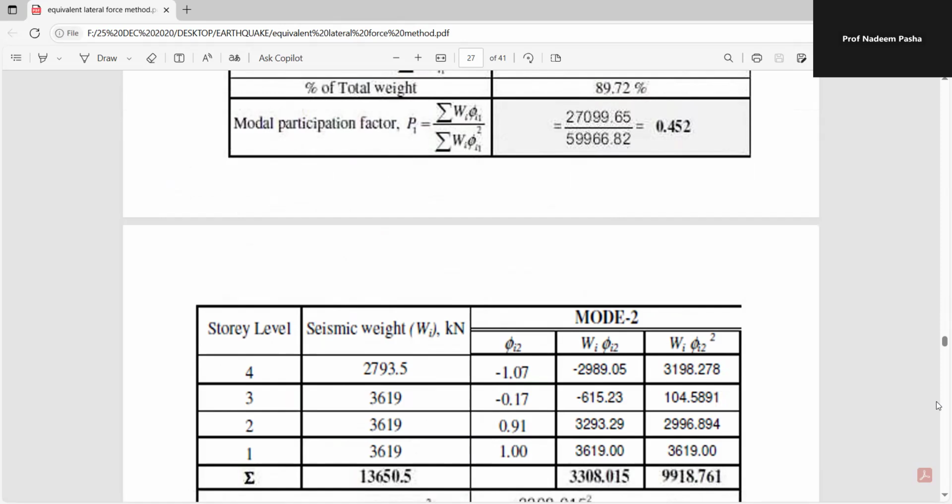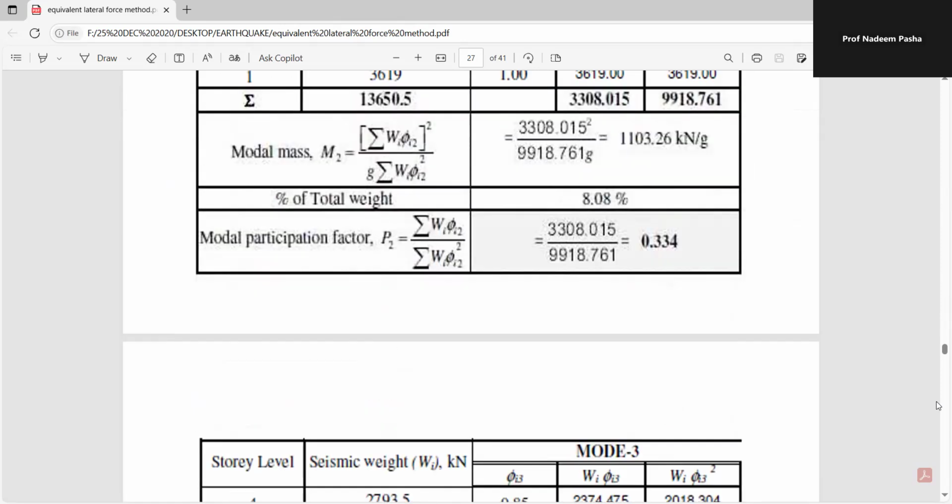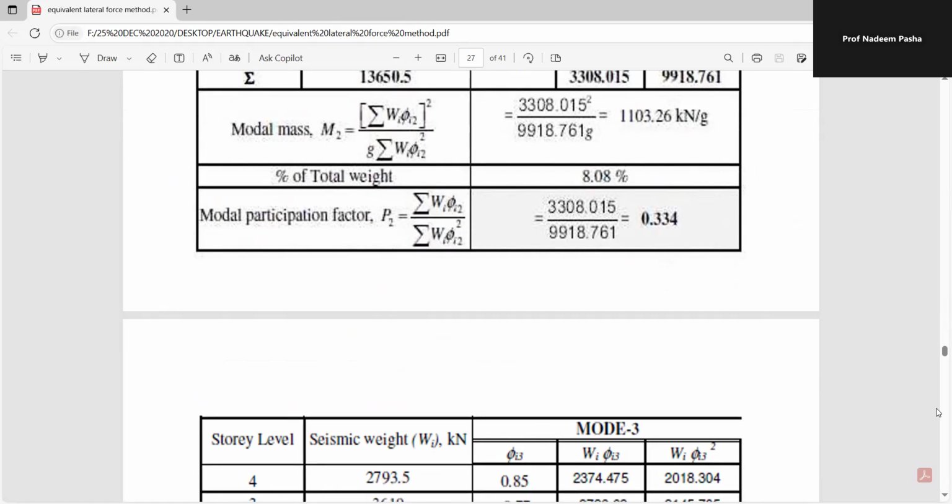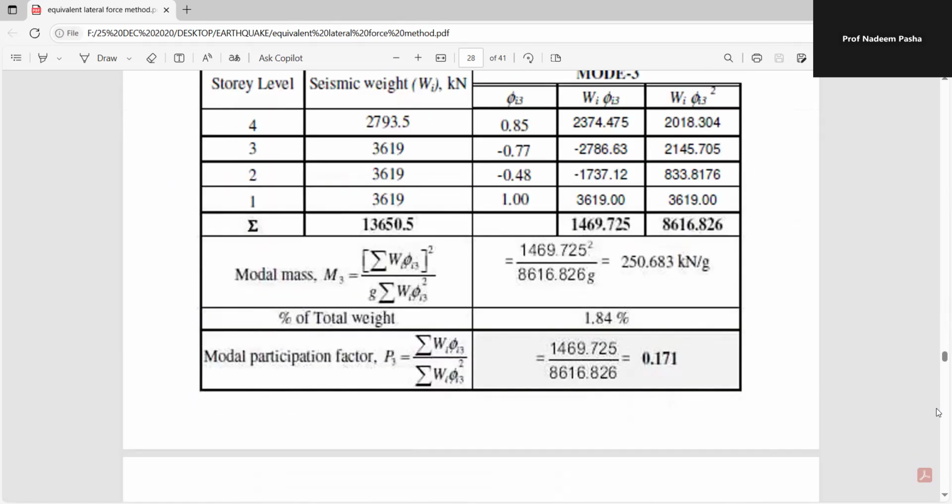In mode 2, these are the values of φi, Wiφi, Wiφi². The modal participation factor P2 is this much. In mode 3, the storey levels and seismic weights are 2793.5, 3619, and the φi3 and Wiφi3 values are given.